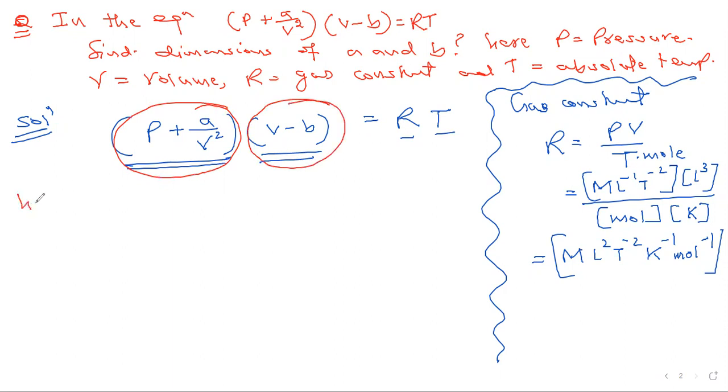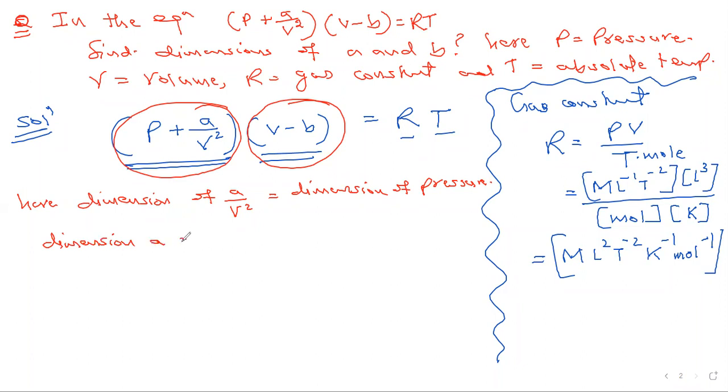So what you will be saying here: dimension of A upon V square equal to dimension of P. So dimension of A is equal to dimension of pressure multiplied by dimension of volume square. Am I clear in my words?